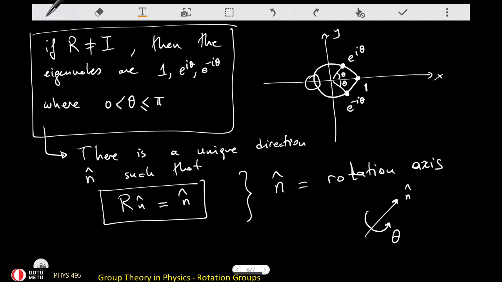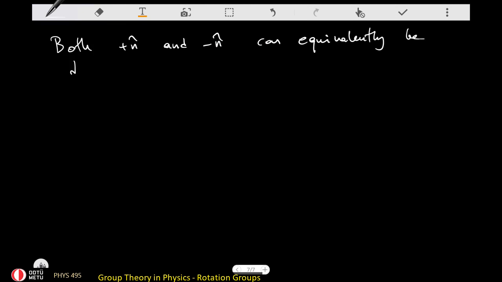Apart from that, there is no difference between plus n and minus n. Both plus n and minus n can equivalently be described as the rotation axis. Actually, an axis is a line without any direction.